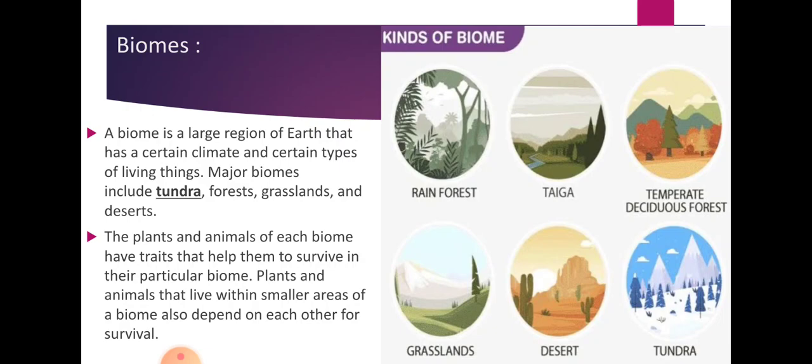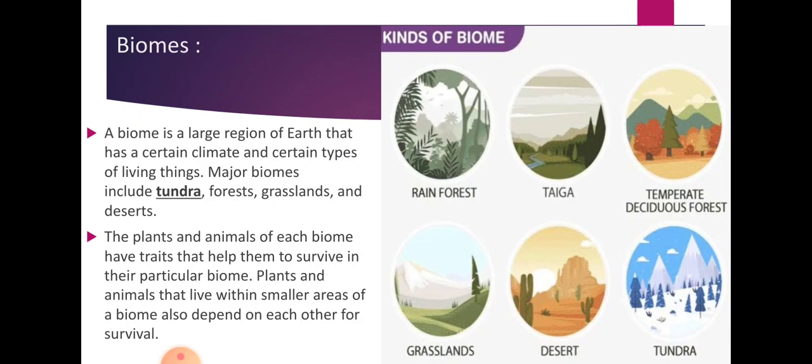They have the same kind of animals and the same kind of plant system. So a biome means specific regions having the same climate and almost the same kind of animals all over the world. So this is the biome.